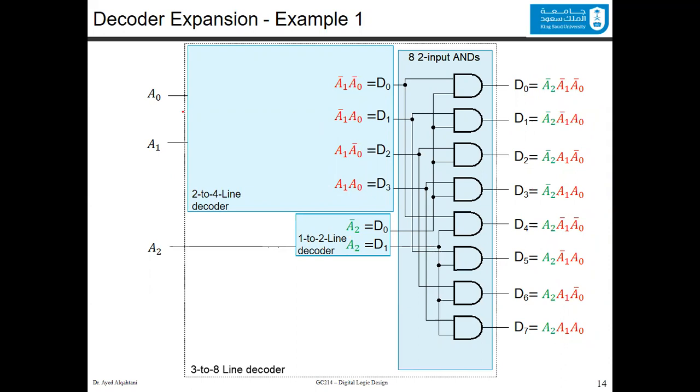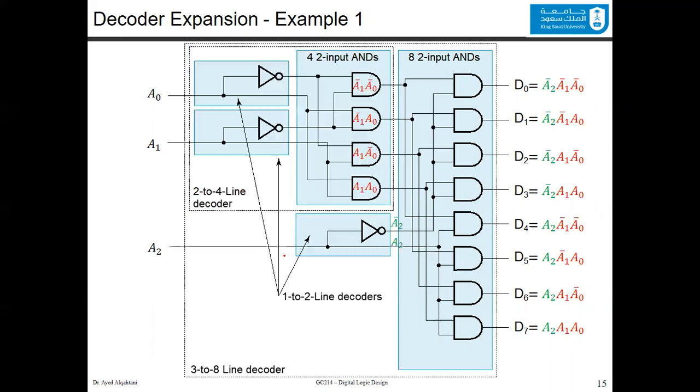Now, if you want to check the design of the 2 to 4 decoder and the 1 to 2 line decoder, you can zoom in inside them and you find them to be like this. You have 4 2-input ANDs with 2 of the 1 to 2 line decoders, as we explained earlier, and you will have this one to be a simple line with an inverter.